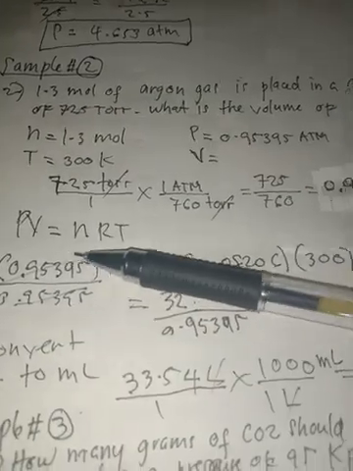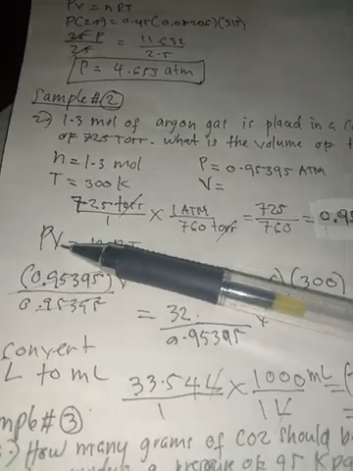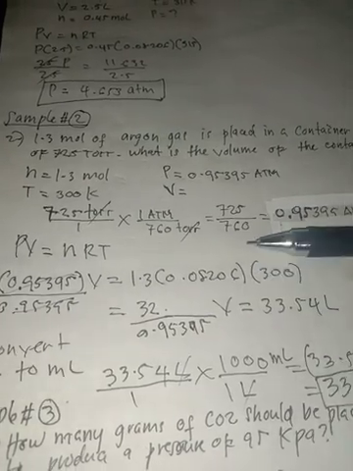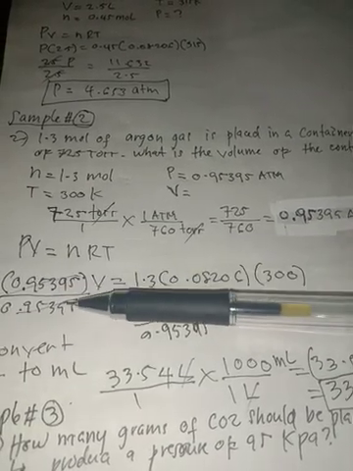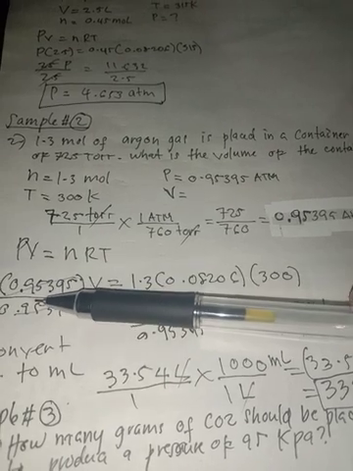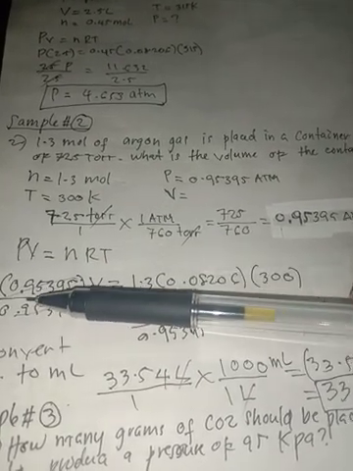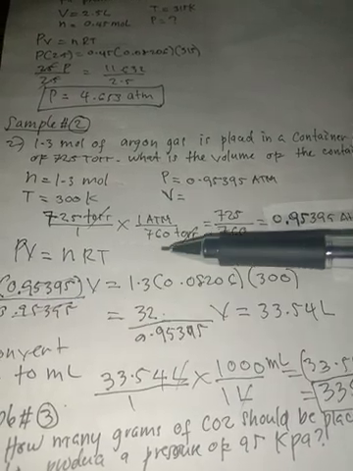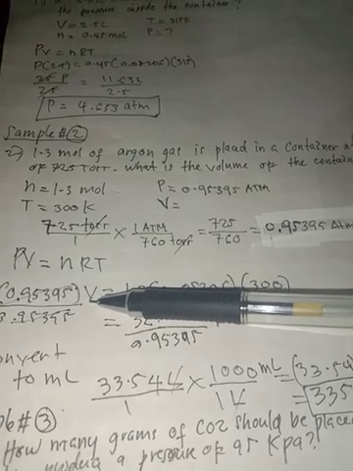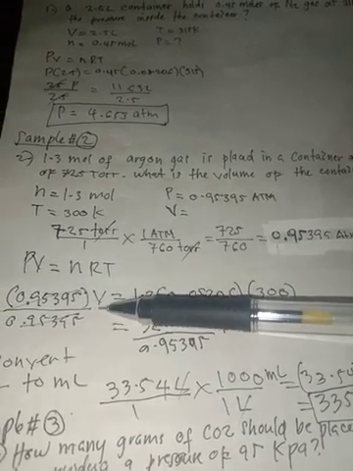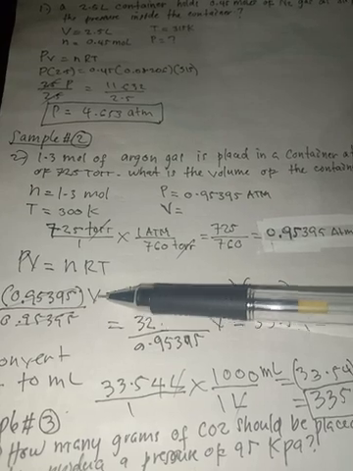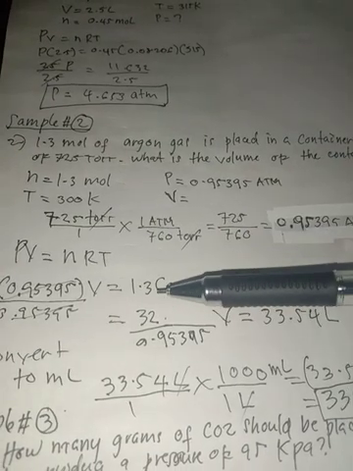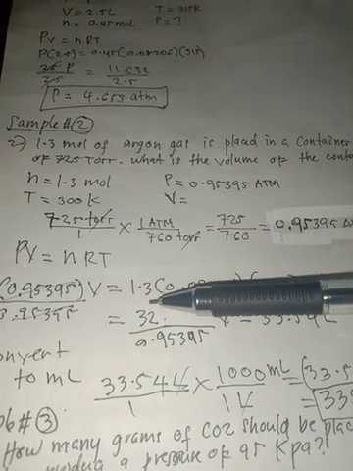Now we are going to use the formula PV equals nRT. Our pressure is 0.95395, times V, because our V is unknown, so we will find later what the value of V is, equals 1.3, our moles.